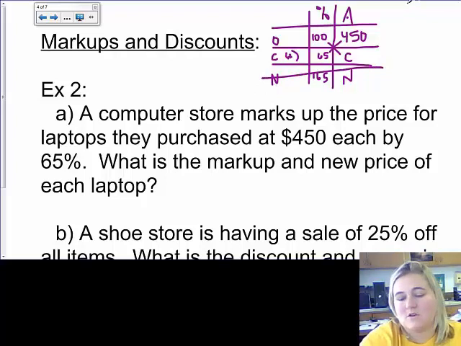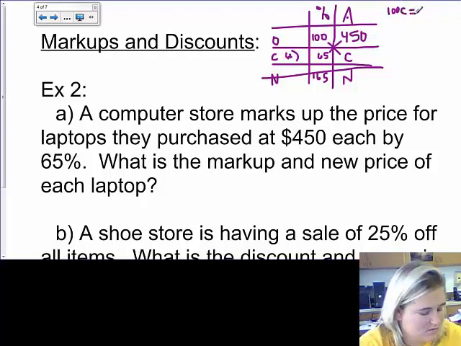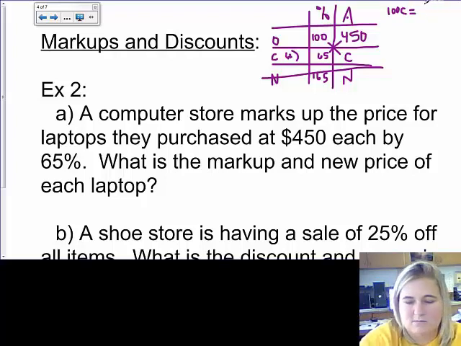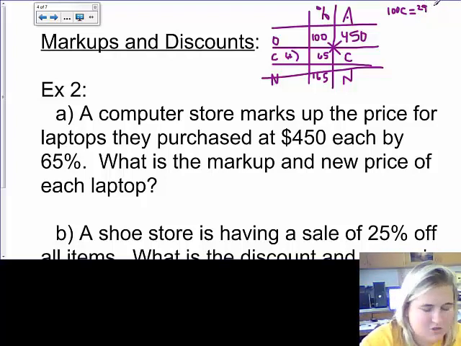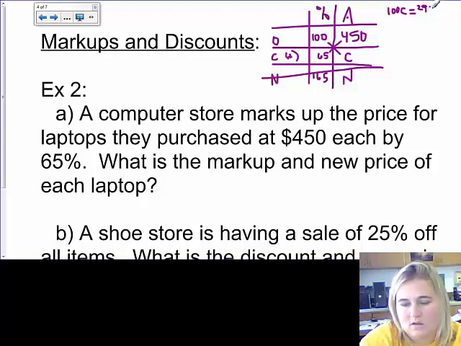So I have 100 times C, which gets me 100C, and that's equal to 450 times 65, which gets me 29,250. And to get C by itself, I'm going to divide by 100.